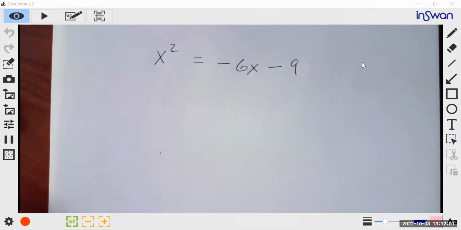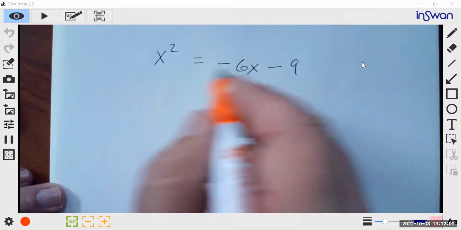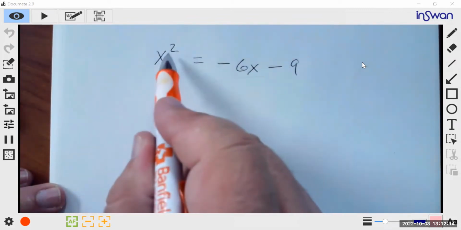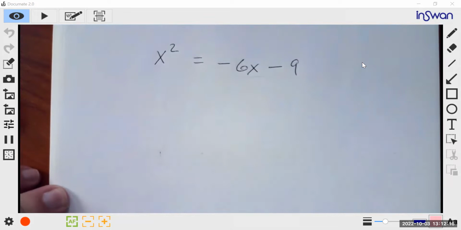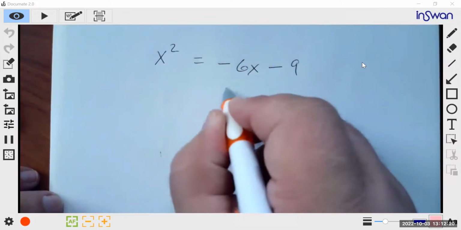What do you have to do first? What does it have to equal first? It has to be equal to 0. Remember, we're looking for the x-intercepts. So we have to move everything to one side. Because x squared is positive over here, we have to move everything to that side. How do we move the negative 6x?